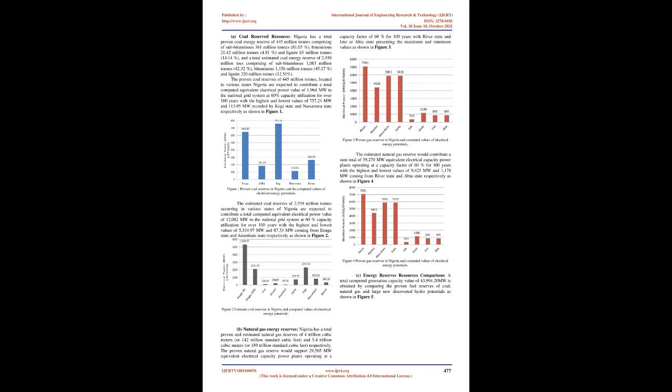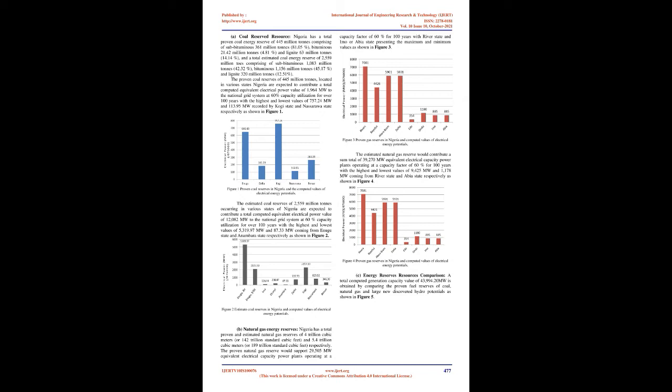The estimated reserved coal in Nigeria is about 2,559 million tons, consisting approximately of 42.32% subbituminous, 45.17% bituminous, and 12.51% lignite coals. The reserved proven coal and estimated coal can contribute 1,964 MW and 12,082 MW respectively to the grid system at 60% capacity utilization for over 100 years.